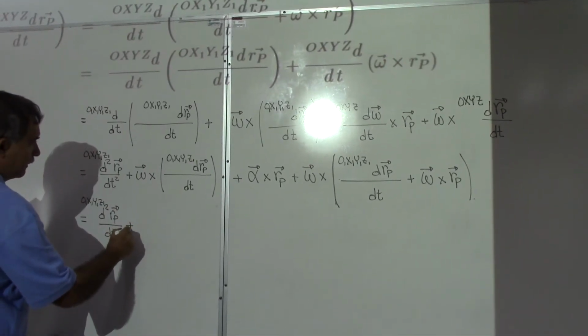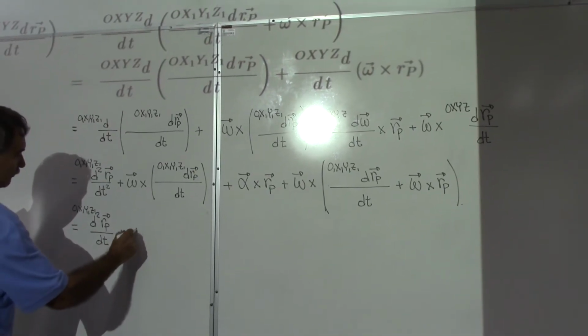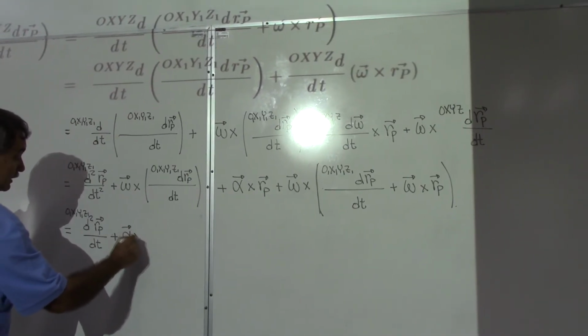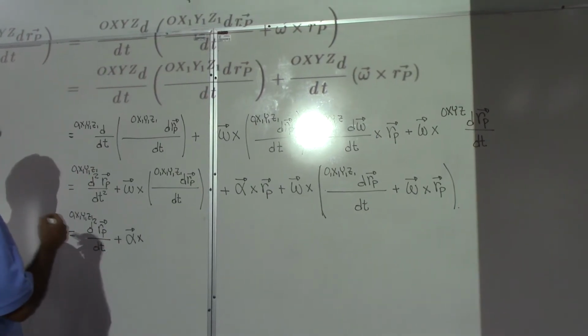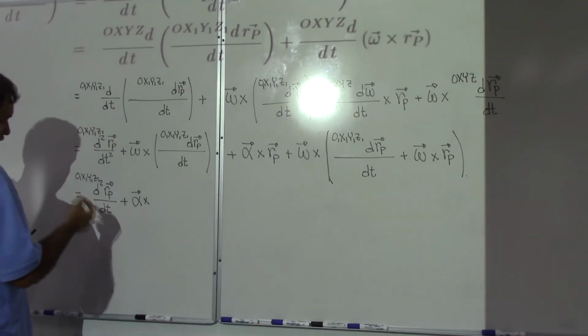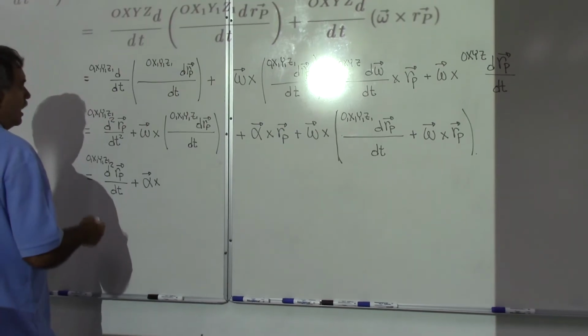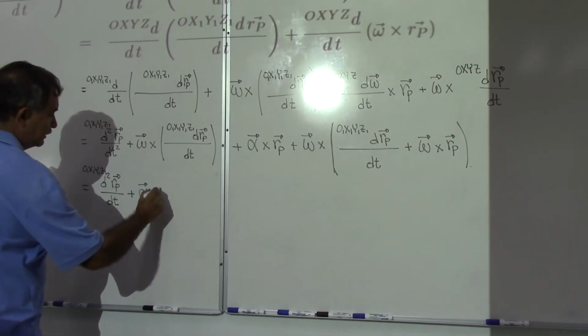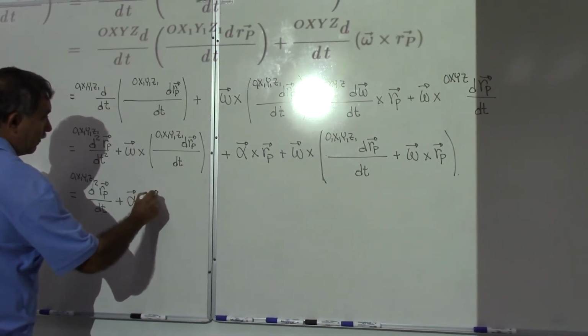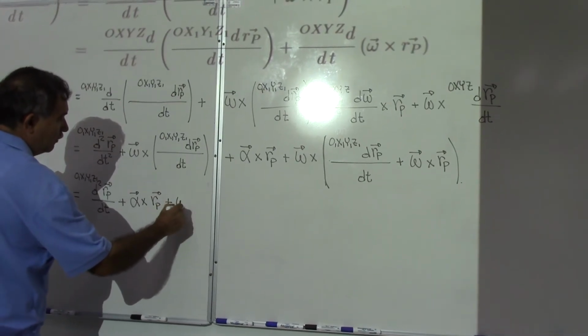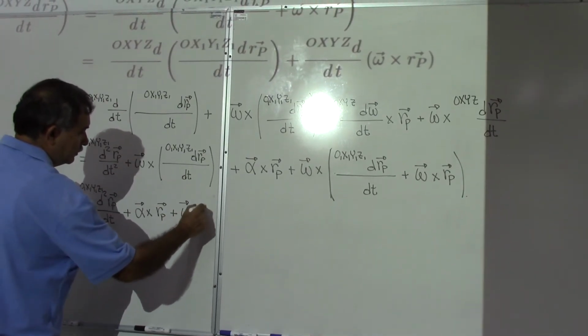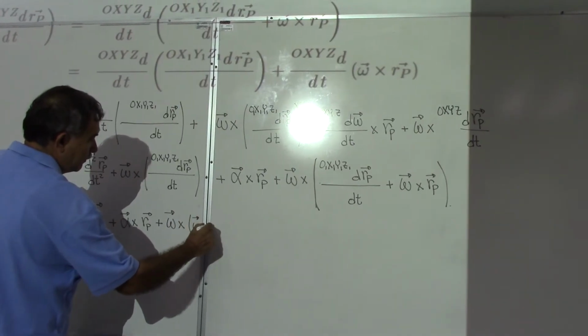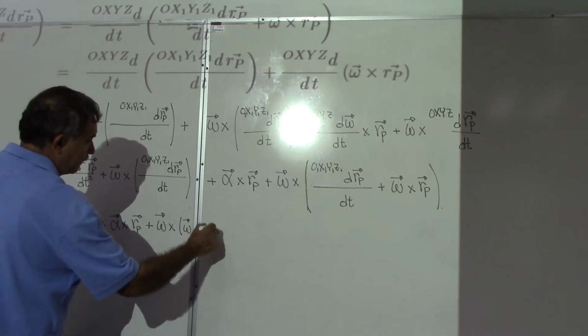plus alpha, the angular acceleration of the moving body, that is also the angular acceleration of the moving reference frames, times Rp, plus omega cross product omega cross product Rp.